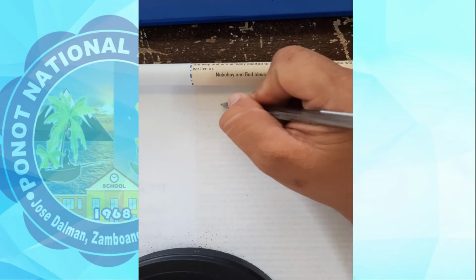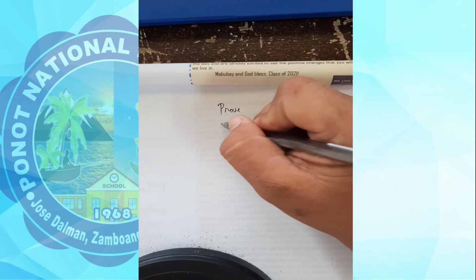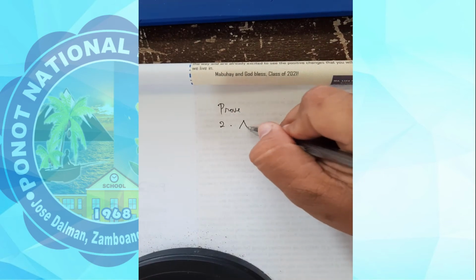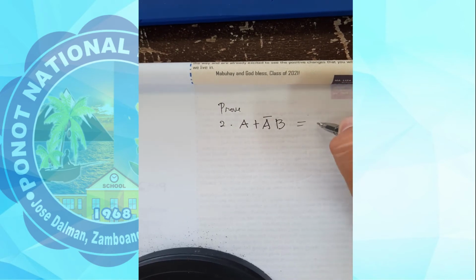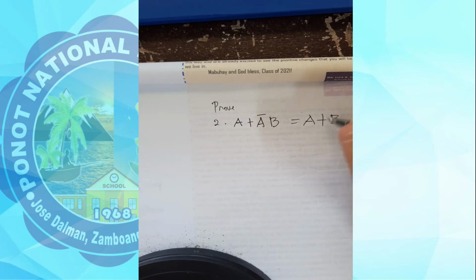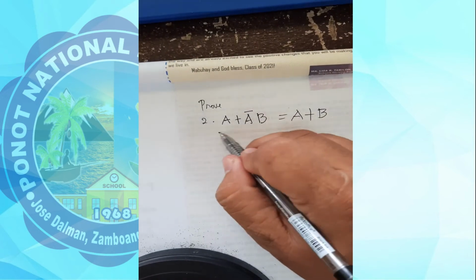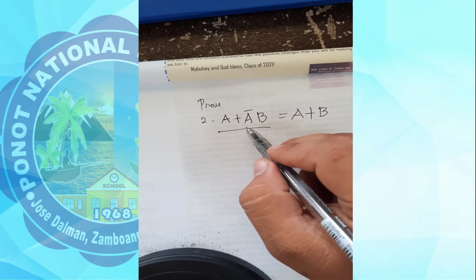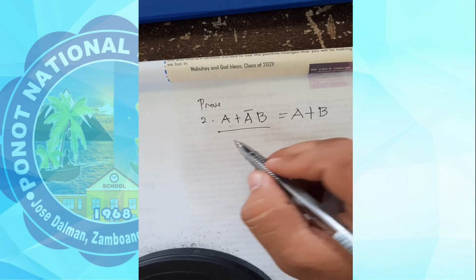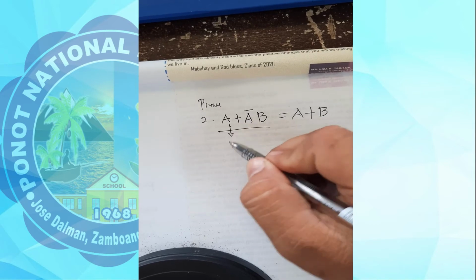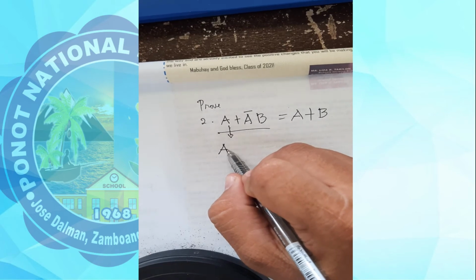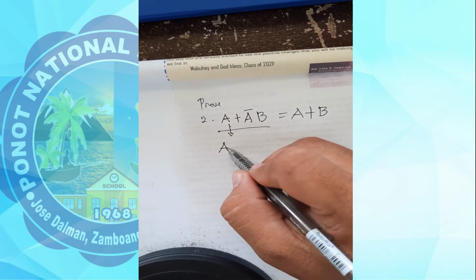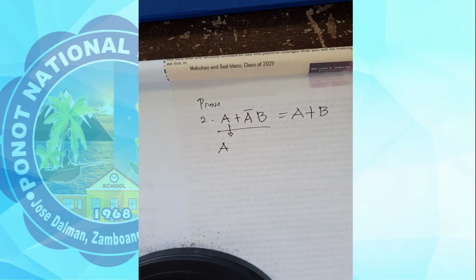Okay, next example. Let us prove, example number 2, that A plus A bar B is equal to A plus B. In this case, we're going to simplify these terms. Let us find a factor for this one. We can add an expression that is equal to 1.